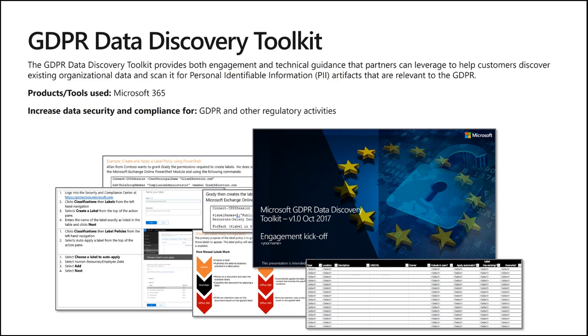You can use that to then create recommendations, next steps, and other assessments based on what you find. So the GDPR toolkit is not just one set of information in a repository. It's being able to use all of these tools in conjunction with each other to give you a holistic view and provide value to your customer, right?